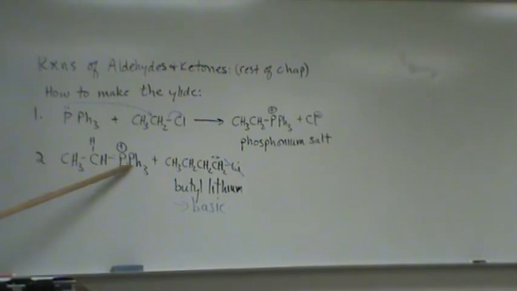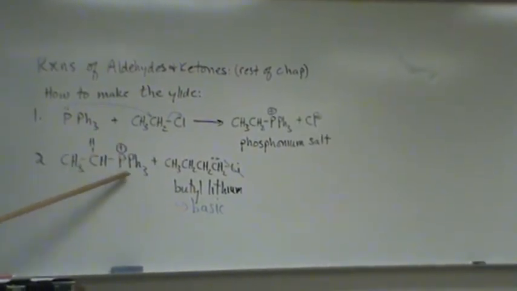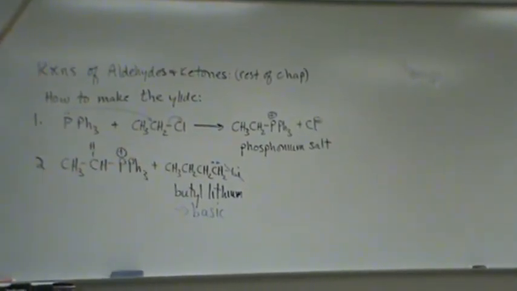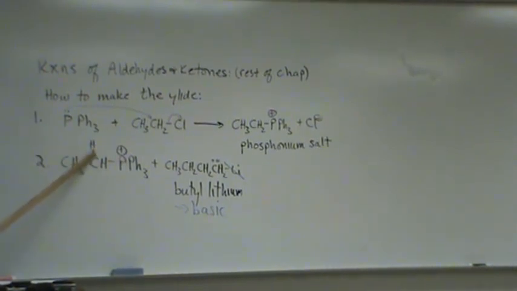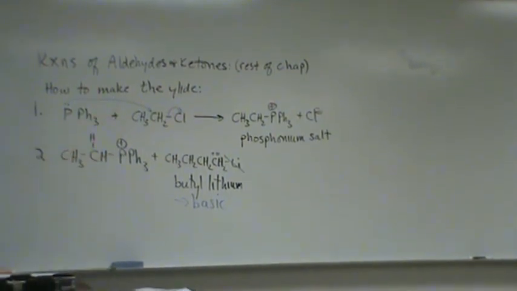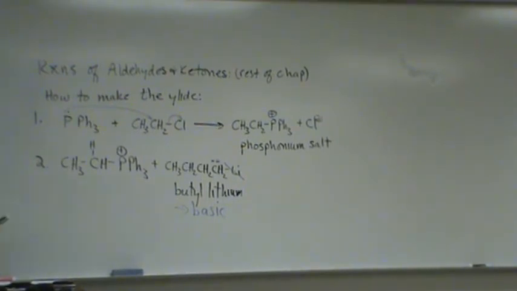We've got phosphorus with a positive charge. It doesn't like that, so it's pulling electrons toward it to make that acidic.